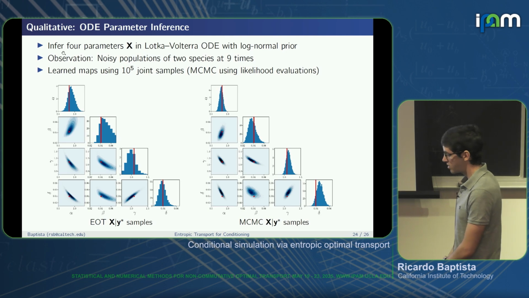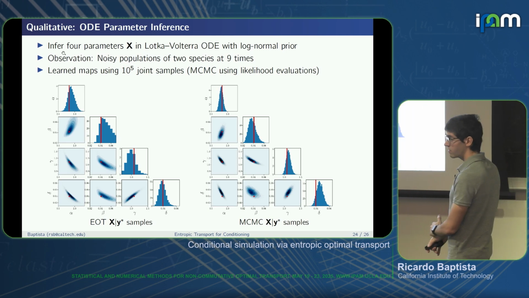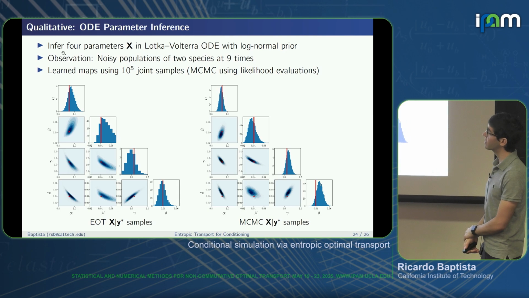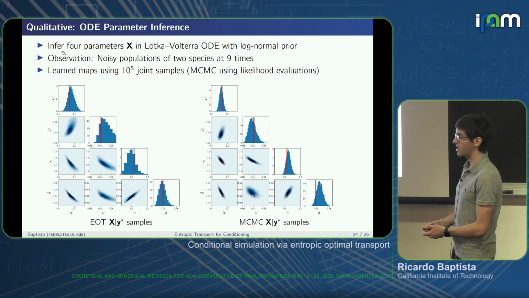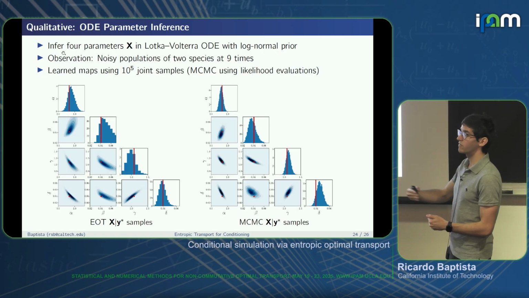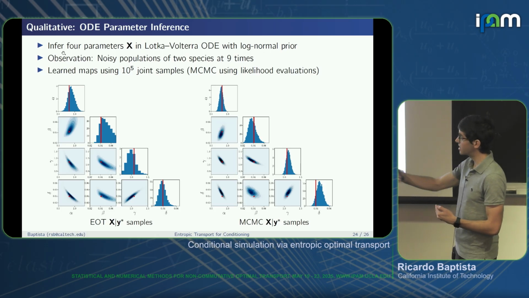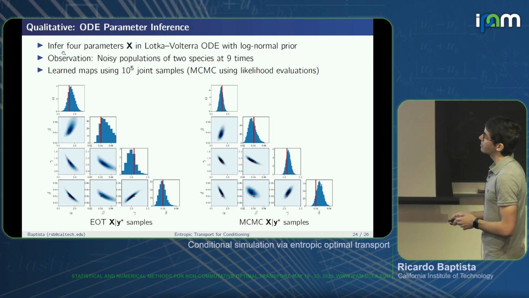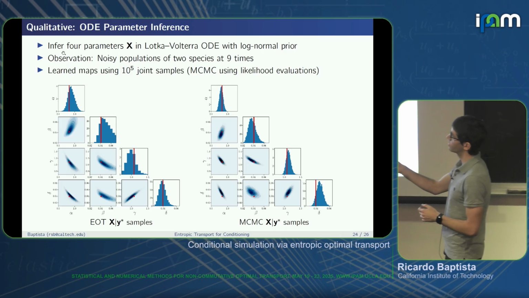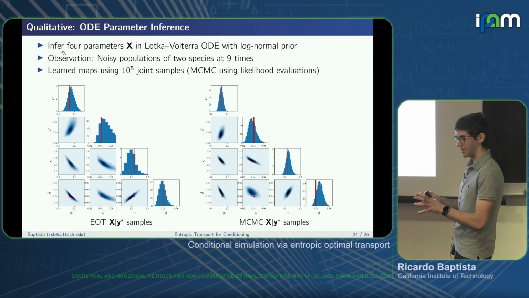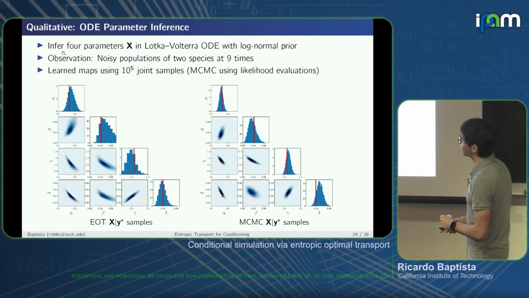And lastly, we applied this to an inverse problem of trying to recover parameters in an ODE model given noisy observations of the state of the ODE over time. In this case, there were four-dimensional parameters that define the ODE dynamics.